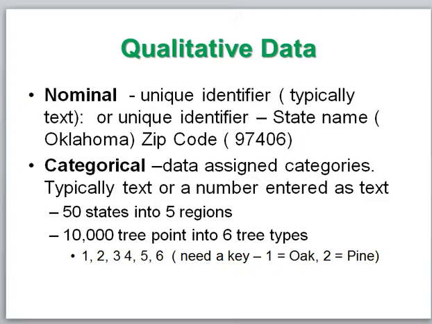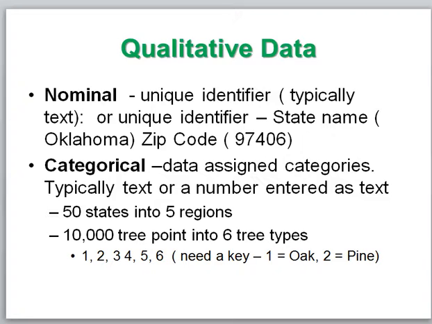Wow, that was well said. So a polygon with a zip code would be nominal. I could label all the different zip code areas in the state if I wanted with a zip code, or I could use that field to name all of the states or all of the counties.